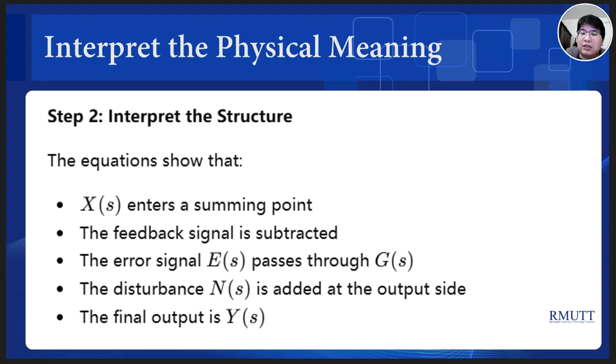Next, the error signal passes through the forward block G(s). After that, the disturbance input N(s) is added to the system. Finally, the output signal is Y(s). So this system can be understood as a negative feedback control system with an extra disturbance input.